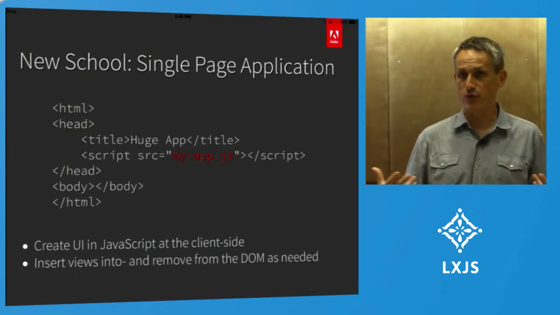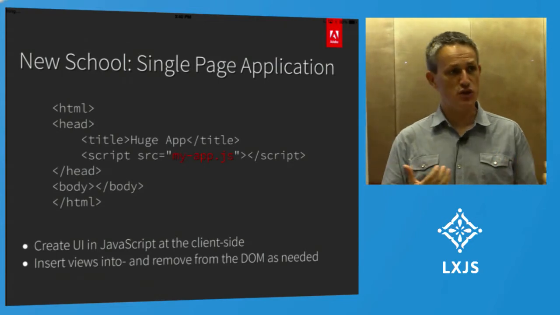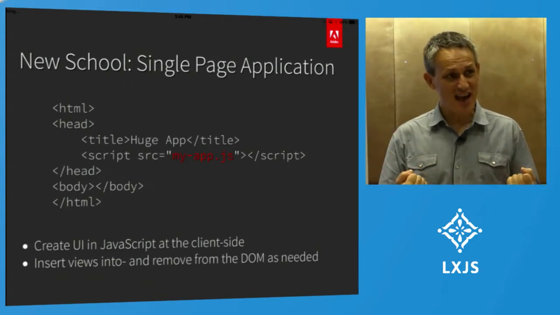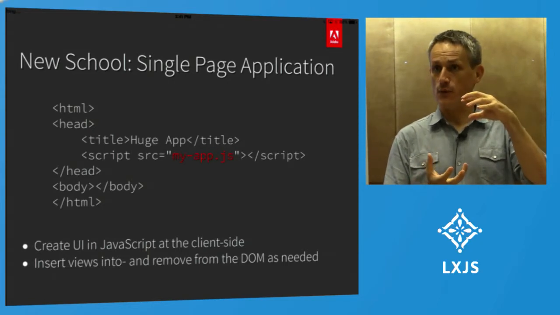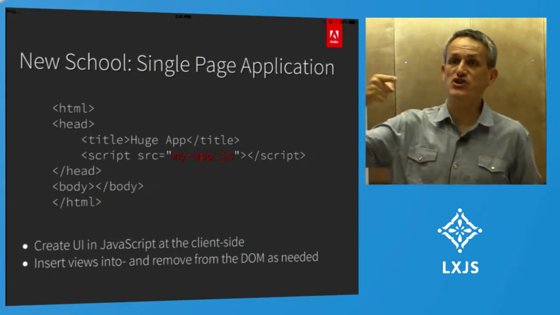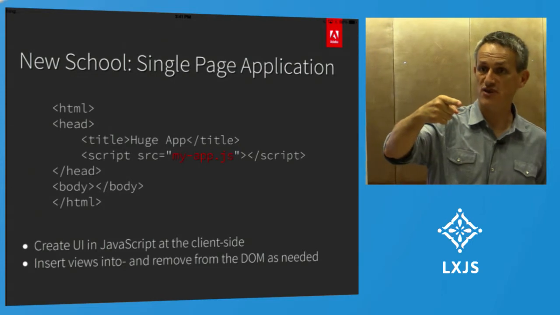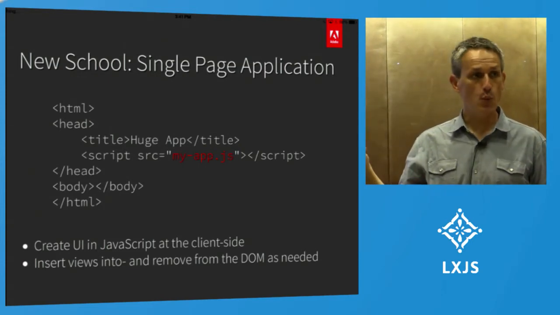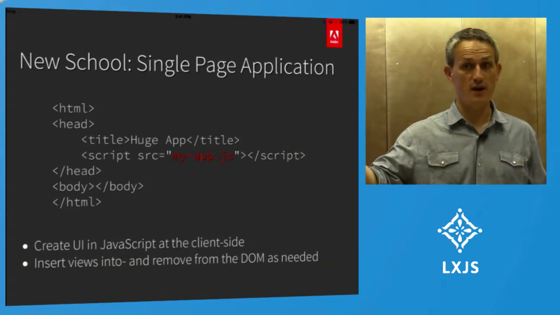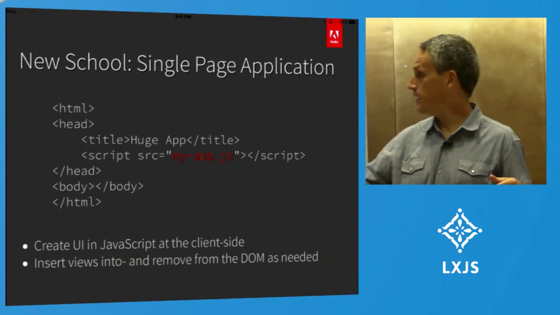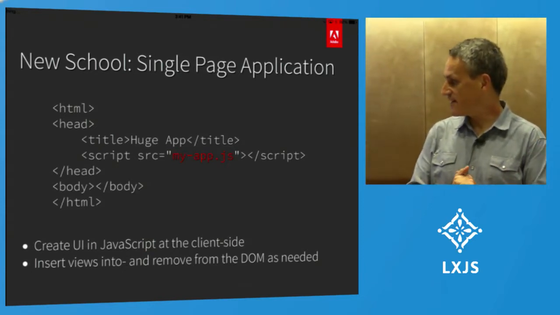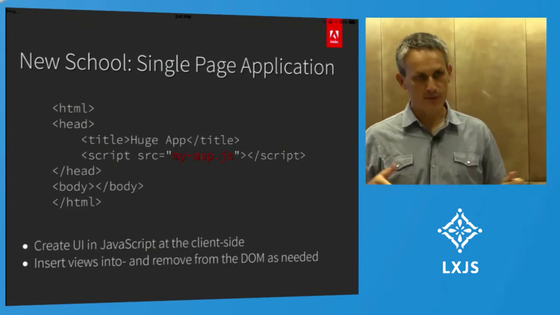And the key principle is that as the user navigates through the app, you're going to, in JavaScript, create views dynamically, inject the view that the user required into the DOM, and then remove it when the user navigates away to another page. OK? So create a UI dynamically in JavaScript, inject, remove.